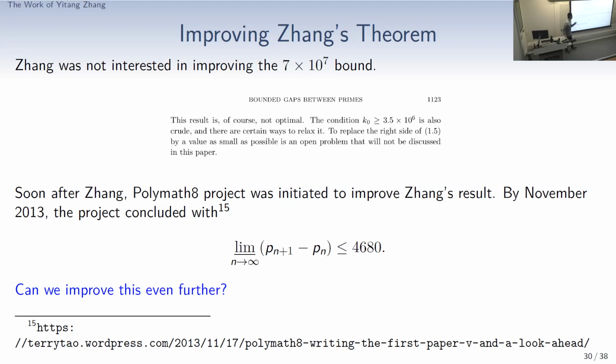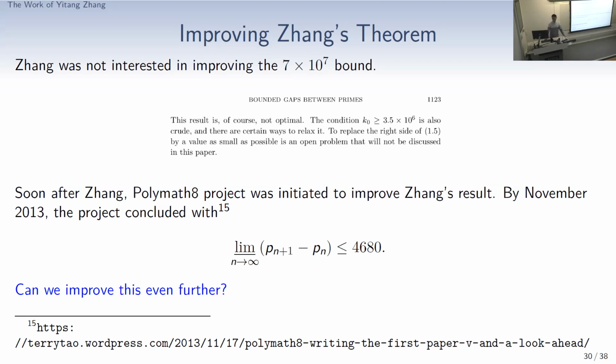However, he is not interested in optimizing this result. He just said replacing the right-hand side of that inequality by some smaller value is an open problem that will not be discussed in this paper. And Zhang also moved to some other area of number theory after publishing this research work.